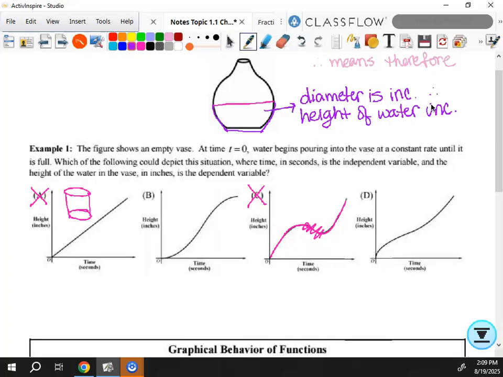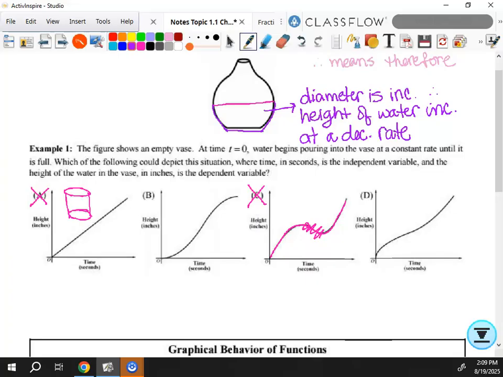Are things speeding up or slowing down in that section? Slowing down. So the height of the water is increasing at a decreasing rate because it's getting wider. Does that make sense to you?